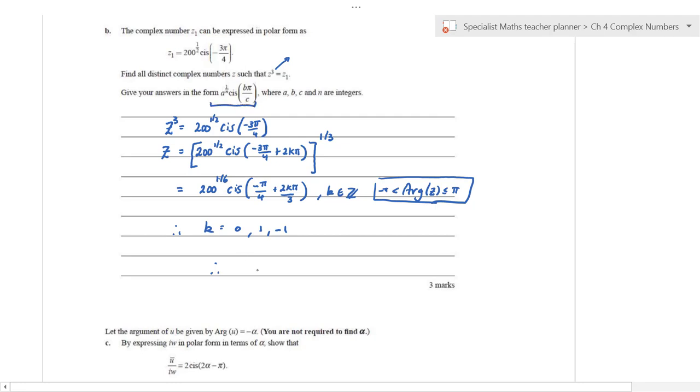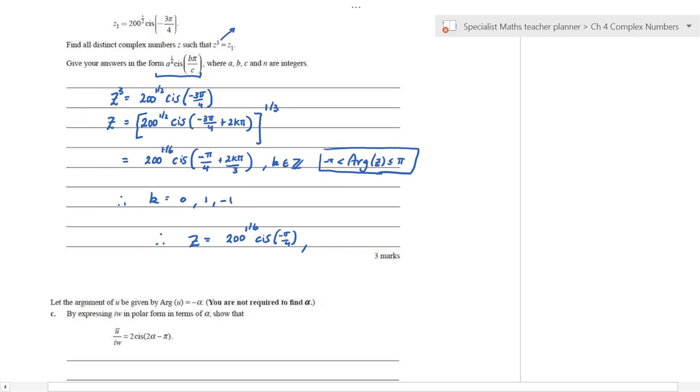So z, find the distinct roots of z cubed is equal to z1. So z is equal to, when k equals 0, 200 to the power of 1/6, cis of minus pi on 4. There you go, there's one solution.